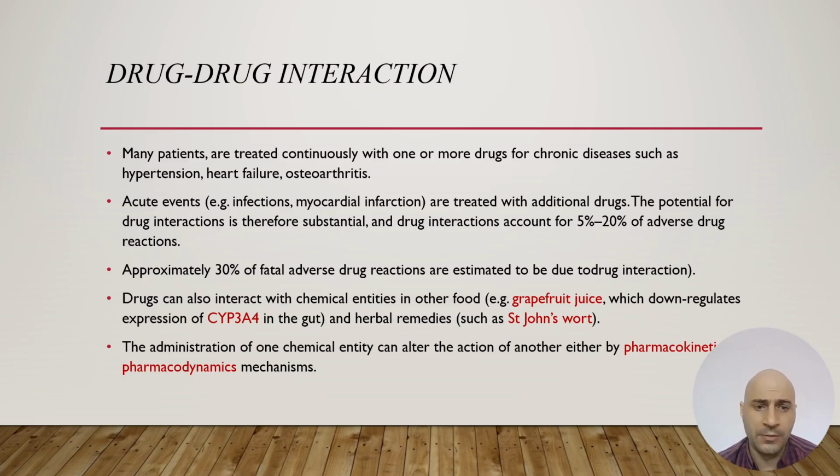Acute events require additional treatments. So if a patient with a heart disease had a stroke, then they will have additional treatments. Those account for a heavy percentage of drug-drug interactions.